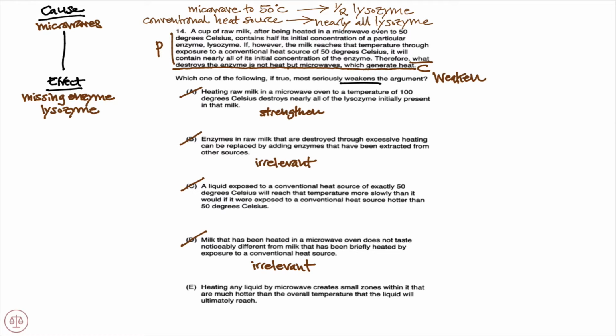Which brings us, by process of elimination, to E. Heating any liquid by microwave creates small zones within it that are much hotter than the overall temperature that the liquid will ultimately reach. And you notice that E does weaken this argument that it's not the heat, but rather the microwaves, by showing that when you use a microwave, even though it's only 50 degrees Celsius, small zones are created that are much hotter than the overall temperature the liquid will reach.